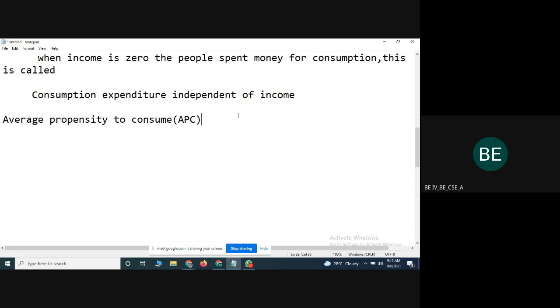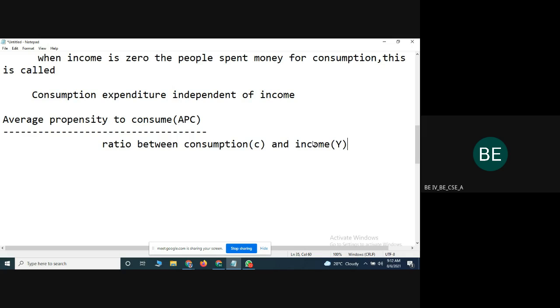Average propensity to consume. The next terminology is called average propensity to consume. So, what is the average propensity to consume? It is the ratio between the consumption, which we denote as C, and income.